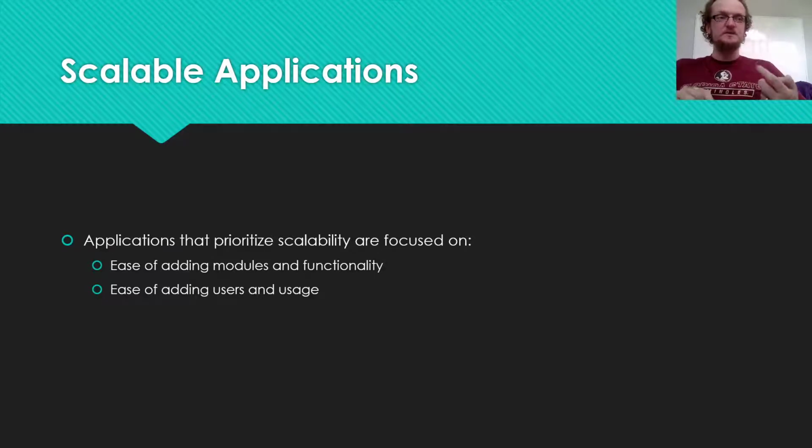As you add users and as your usage ramps up, you want your application to stay up. You don't want the application to fall over simply because you added the 107th person. So this is something that we're going to talk about in a recitation lecture after we have talked about the sort of multi-tiered application we're going to build, and this is a thing that something like AWS or Azure will help you with, but you certainly want to think about these kind of things as you're building your application.